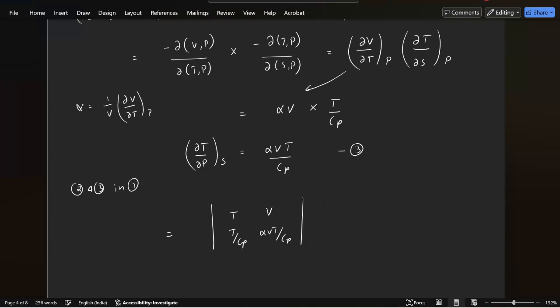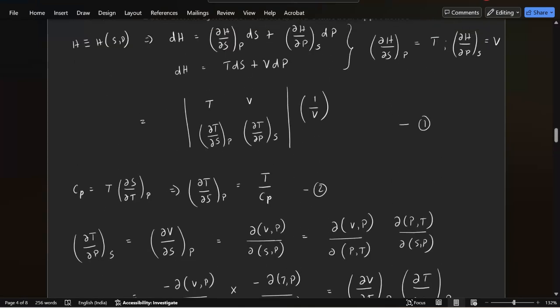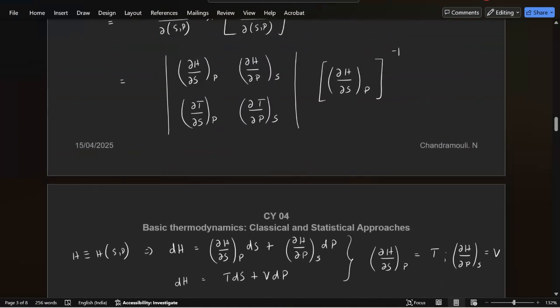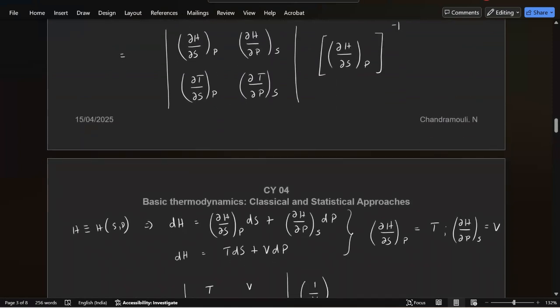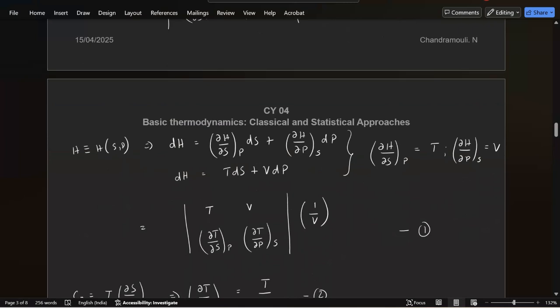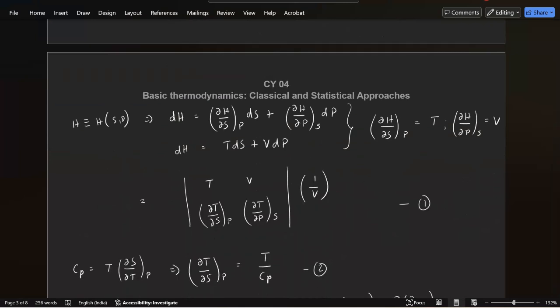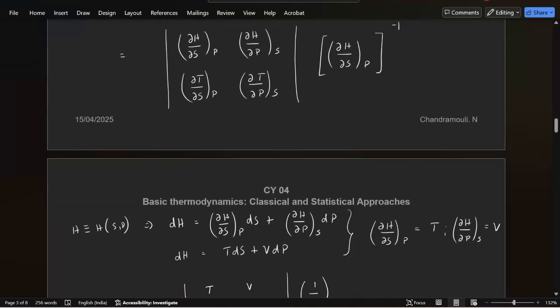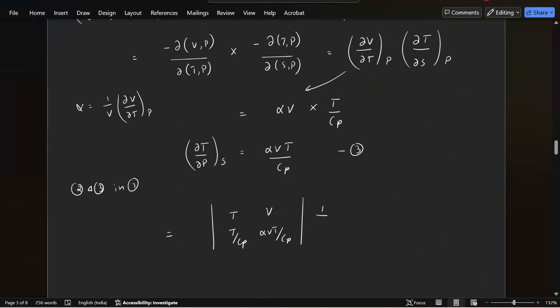Then outside we get 1 by, oh sorry, this is 1 by T. I forgot. This is 1 by T because del H by del S at P is T, right? So outside we'll get 1 by T.